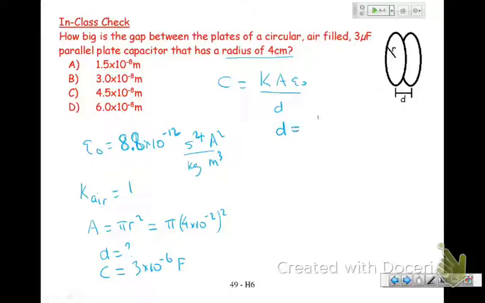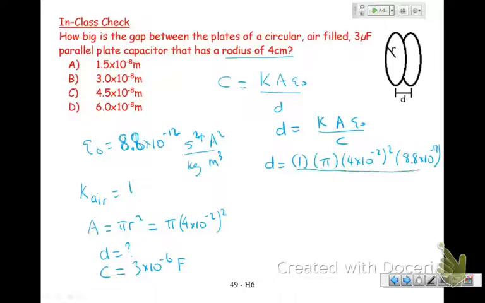So let's rearrange. D is equal to K A epsilon naught over C. So D is equal to 1 times pi times 4 times 10 to the minus 2 squared times 8.8 times 10 to the minus 12 all over 3 times 10 to the minus 6. And at that point, I'm just doing calculator work, and it's a shame. So I just go nice and steadily, and I'm very pedantic about it. I go very step by step.